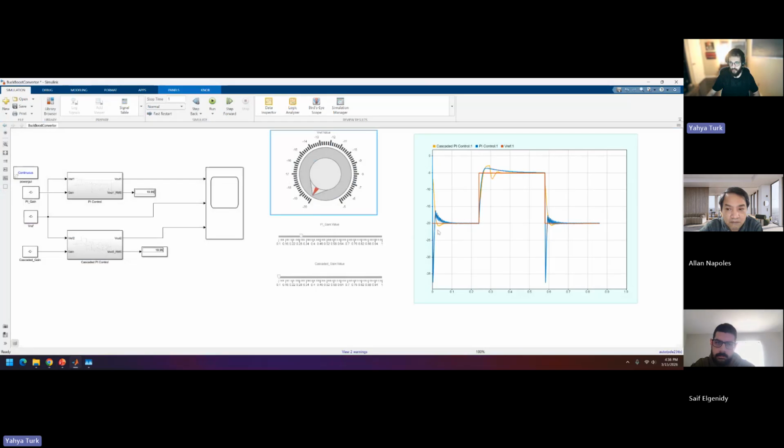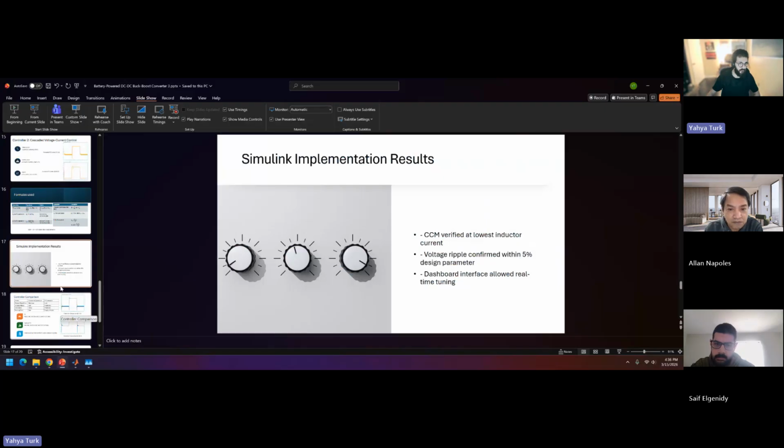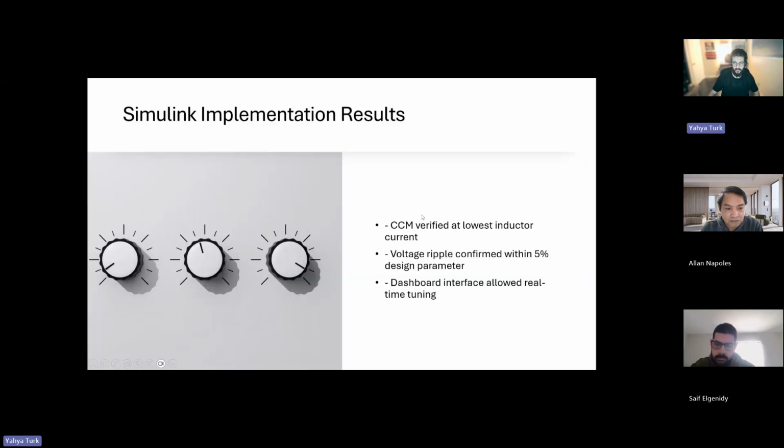We see there's no overshoot in the transitions, and the settling time is still very good. And even though it struggles at the lower voltage, it still has minimal overshoot, nothing aggressive, and it has much better settling time than just the PI controller. So that's our simulations, and I will go back to Alan for the comparisons.